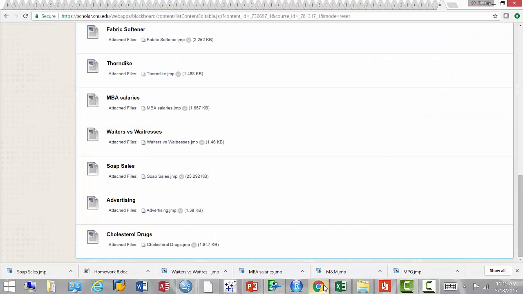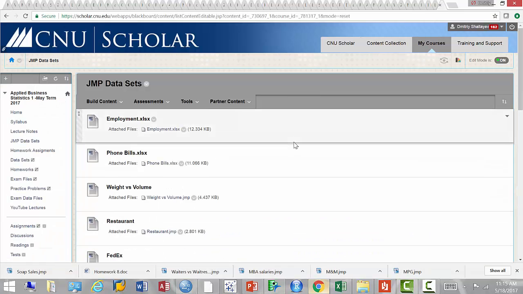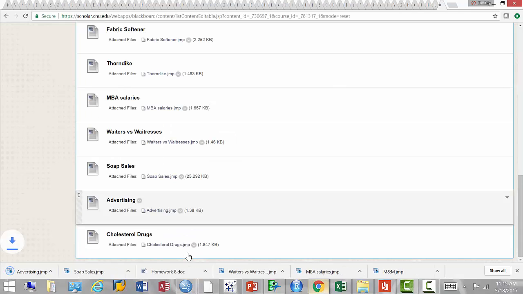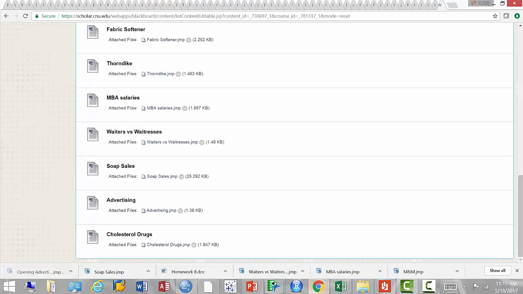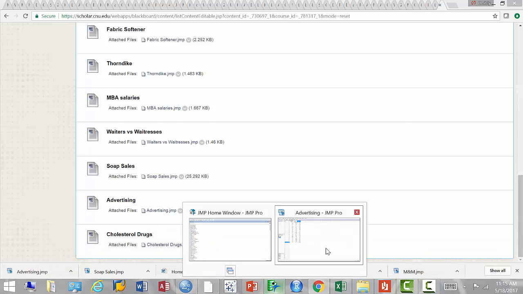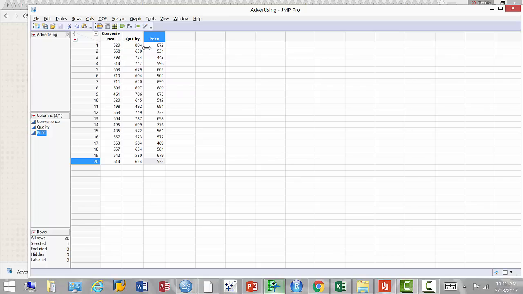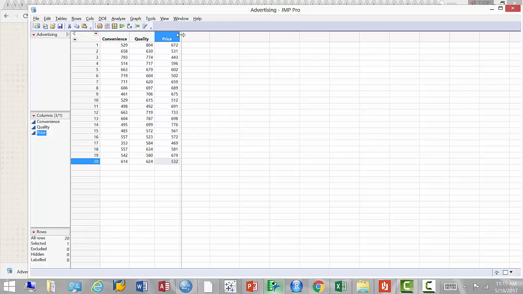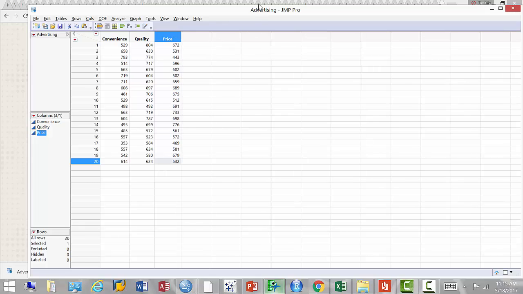Let's go back to Scholar and jump datasets. There is a file called advertising.jump. So let's open it up. Advertising.jump is right here. So I have 3 different columns that represent 3 different advertising strategies, right?